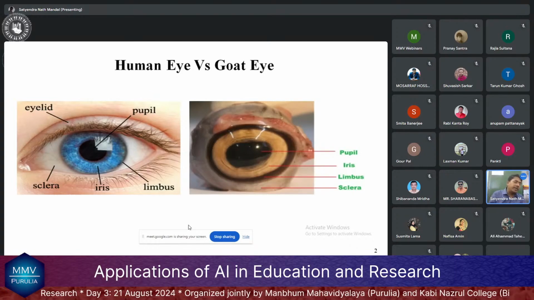Then our objective is to see if there is any pattern or not. If there is a pattern, then the question comes: is this pattern available for all animals of the same species? Species means the goat is one species, the cow is one species.